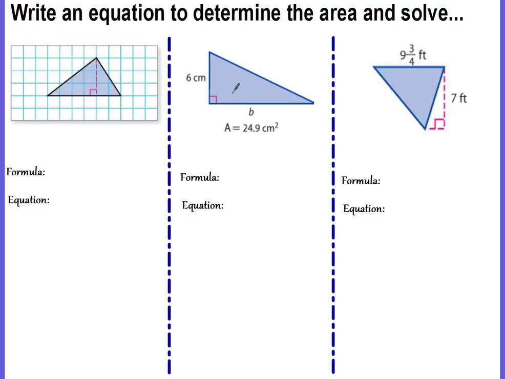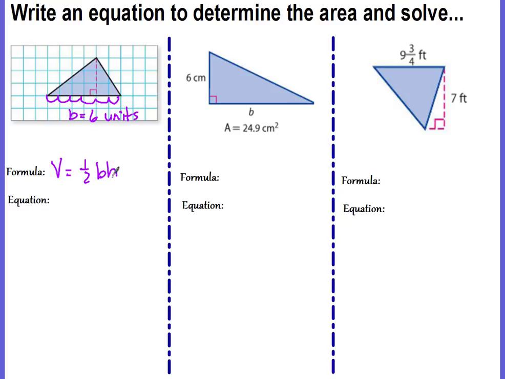So let's put it to use. Okay, the formula is going to be volume equals 1/2 base times the height. Now we just need to find our dimensions on our triangle. So the base is the bottom, so we're going to count it up. There's 1, 2, 3, 4, 5, 6. So the base length is going to be 6 units.